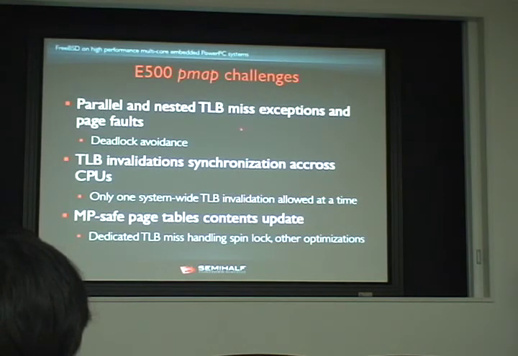So the main challenge when we reworked the Pmap module was that we needed to deal with parallel TLB misses, because now we've got a really parallel and asynchronously working MMU.